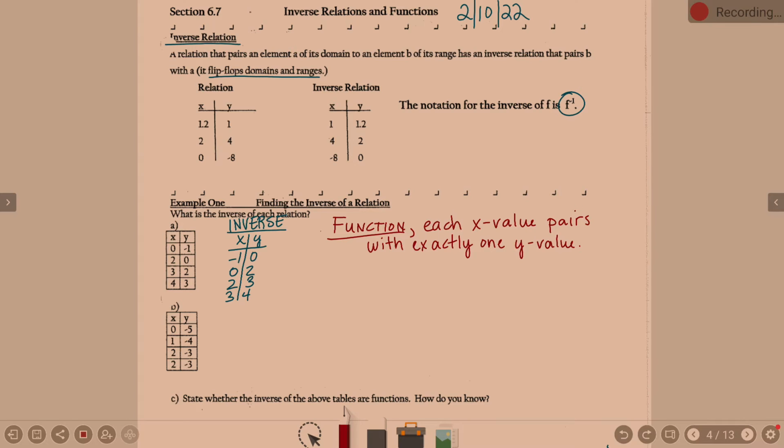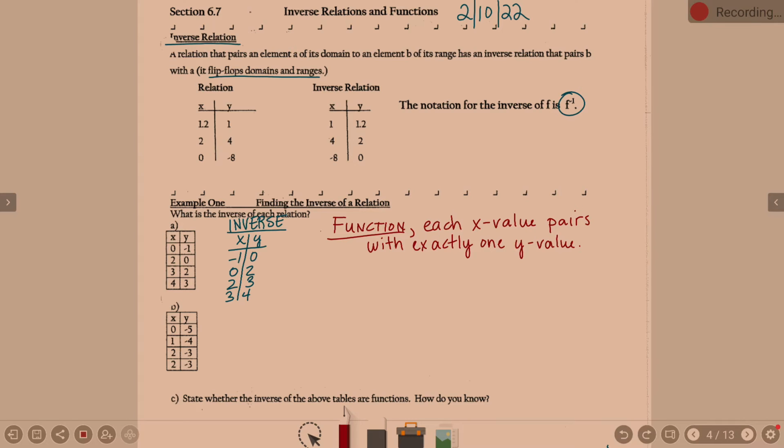Okay, so the inverse, we took our x's and y's and we flip-flopped them. Yes, this inverse is a function because each x is unique, and each x pairs with its own y.